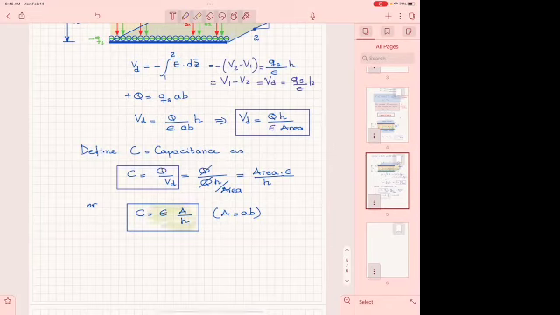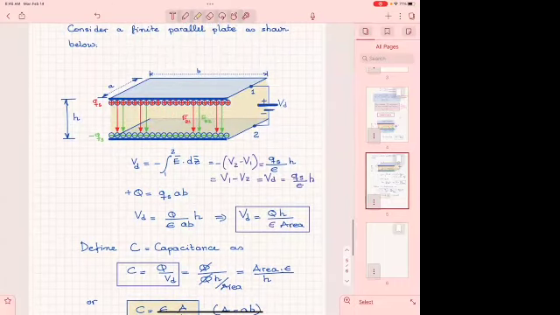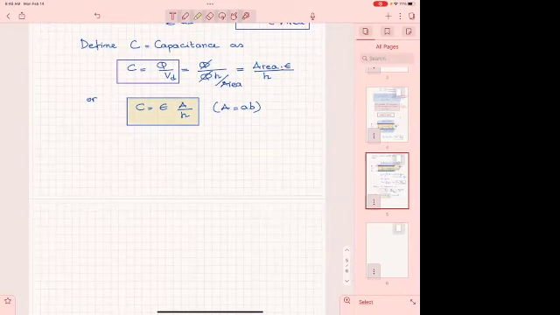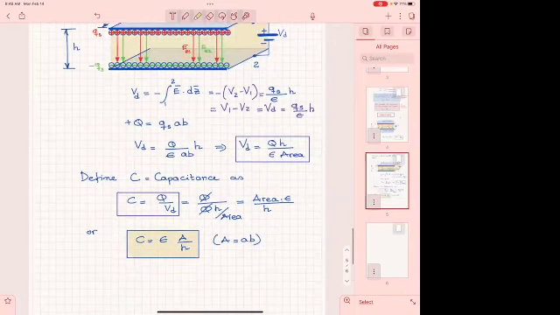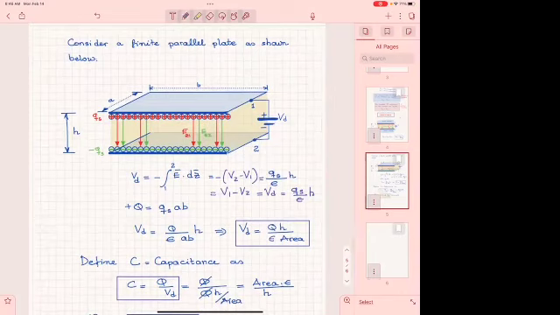And why do we develop this? Because if I were to take this distributed structure and make it into a circuit, that distributed structure here will be equivalent to one capacitor connected to the voltage source.